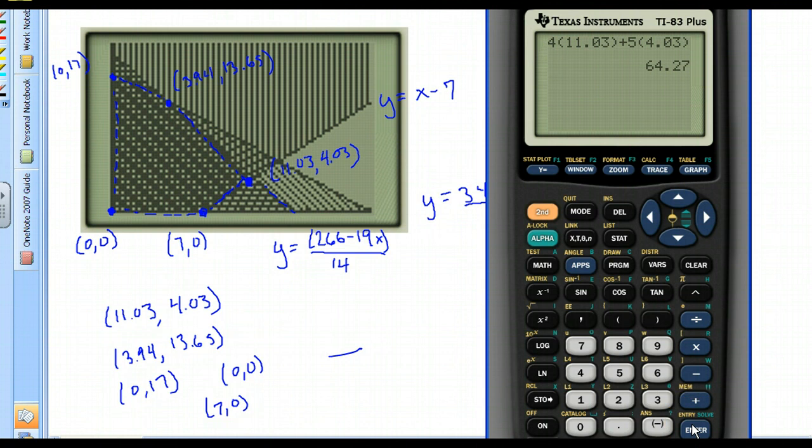So there's one of our numbers. Second entry to get it back. Alright, 3.94, I'm going to write it as 03.94, so I don't have to delete or insert anything as I go along. Plus 5 times 13.65. Alright, there's another one. 84.01.